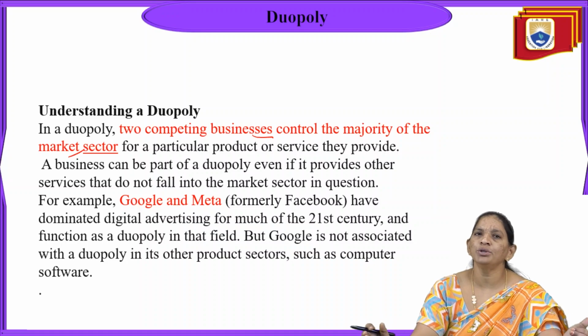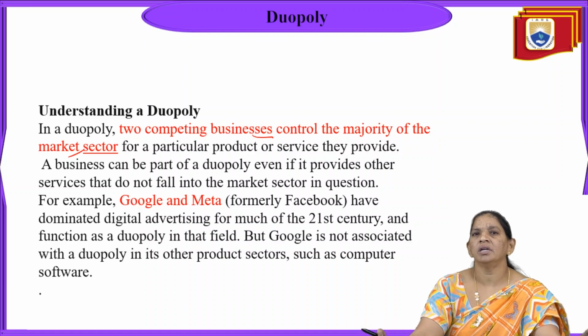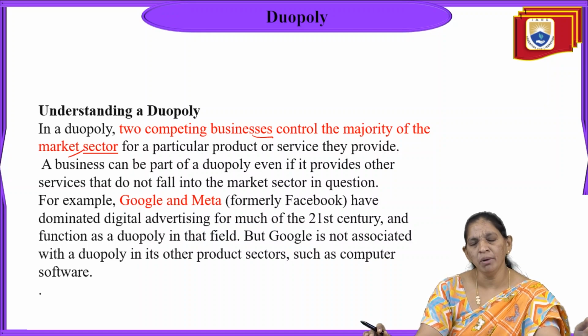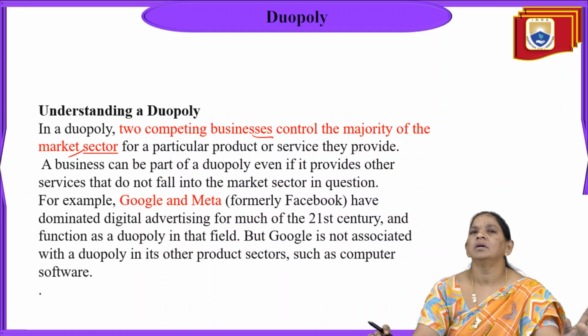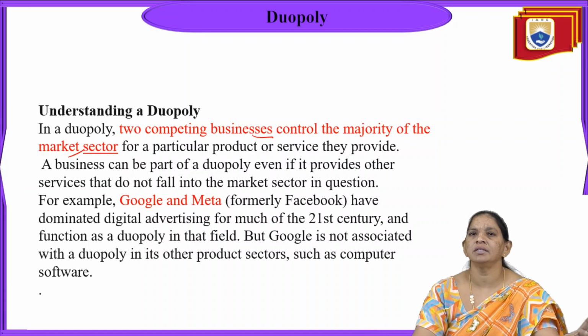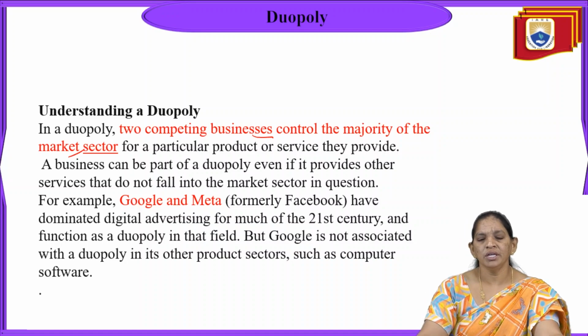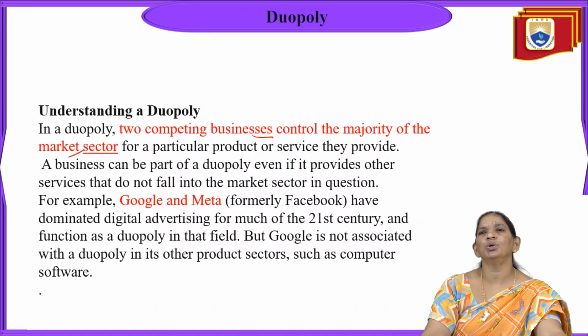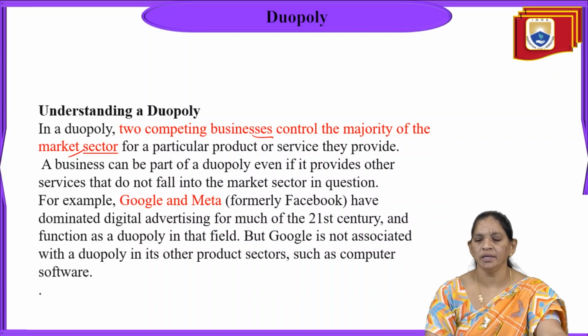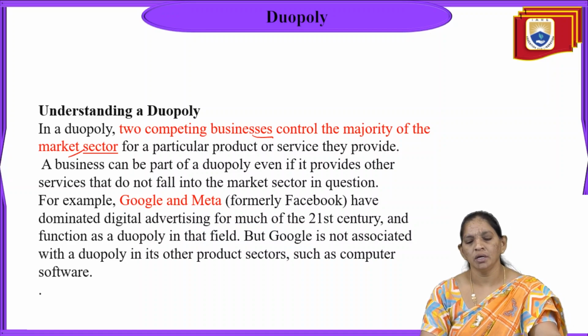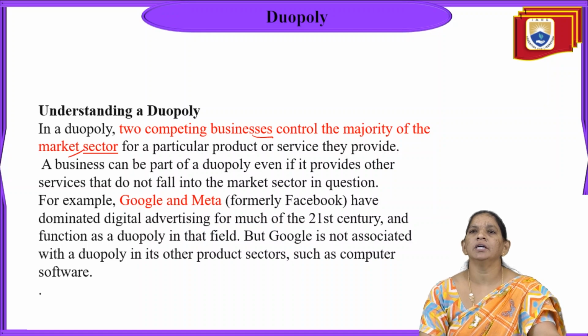So the majority of the business relating to that good in the market will be controlled by them. Only these two companies will control the total market segment of a particular product or service. So, in business, a duopolist may also provide other services, and those do not fall into the market sector in question.